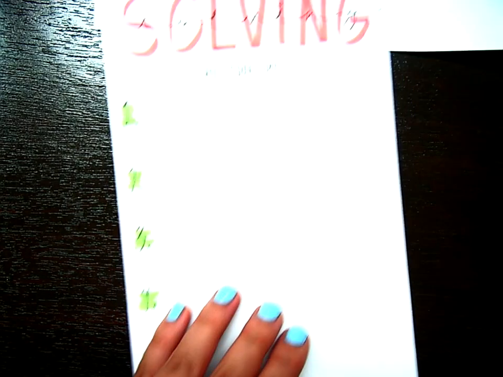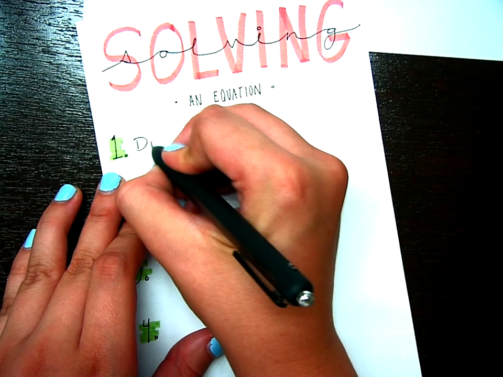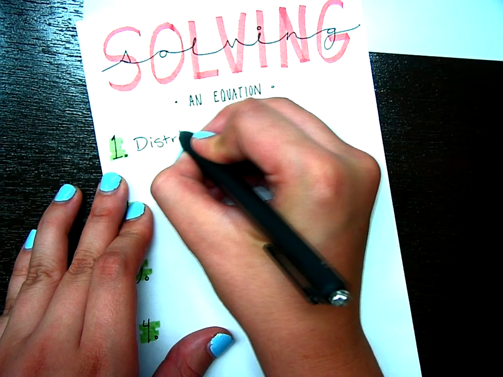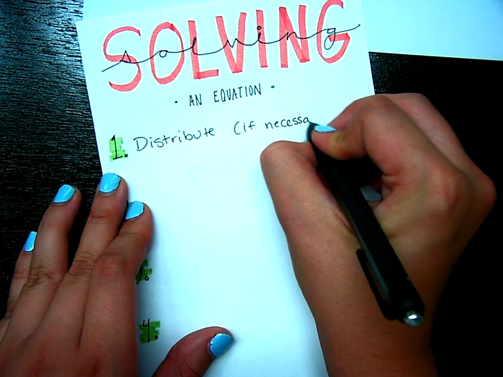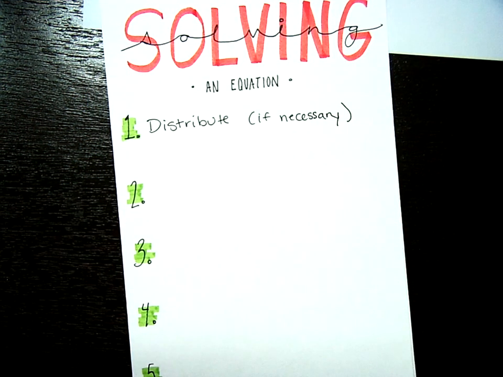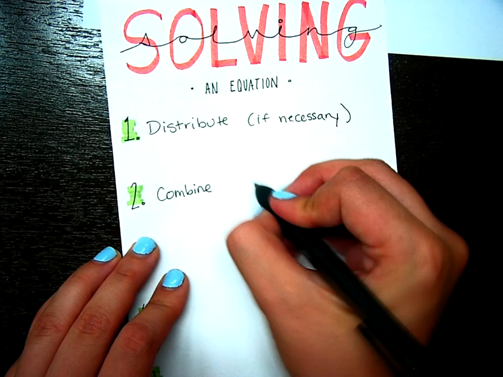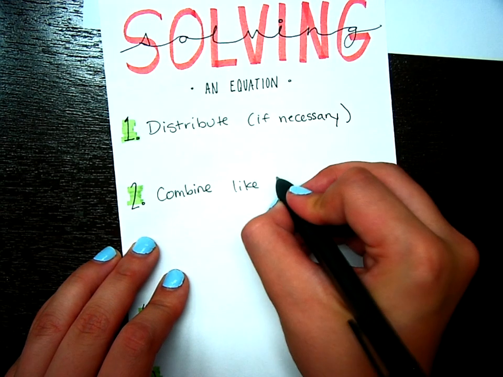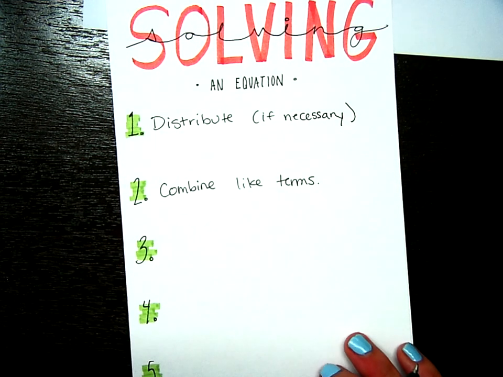The first step when we solve an equation is to distribute, if necessary. We may not always have to. Then after we do that, we need to combine like terms. And we've already practiced doing that. We may not always need to, but always do it if you have to.